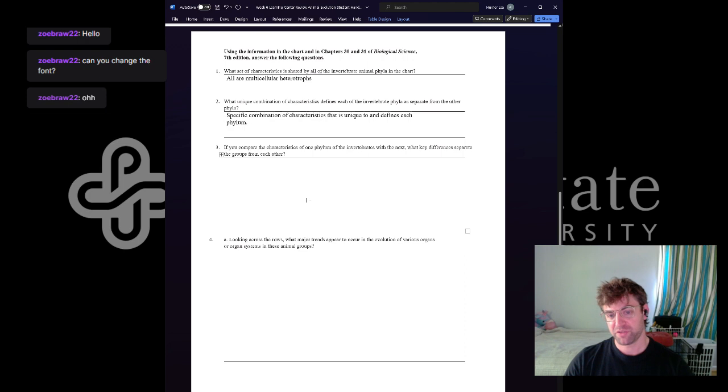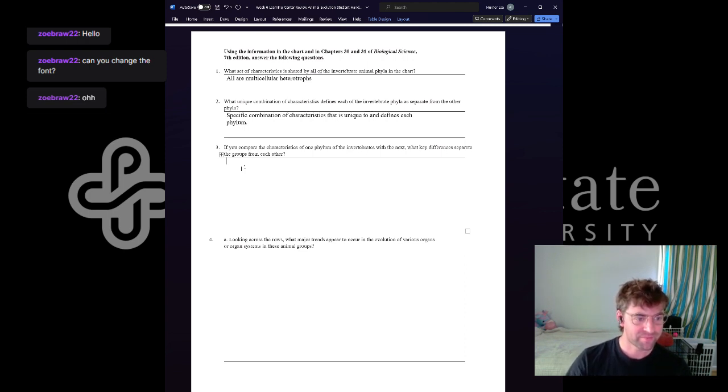If you compare the characteristics of one phylum of the invertebrates with the next, what key differences separate the groups from each other? Let's take an example. You'll need to compare the characteristics in a given column or phylum with those in the next, and those characteristics need to change from that box to the next.